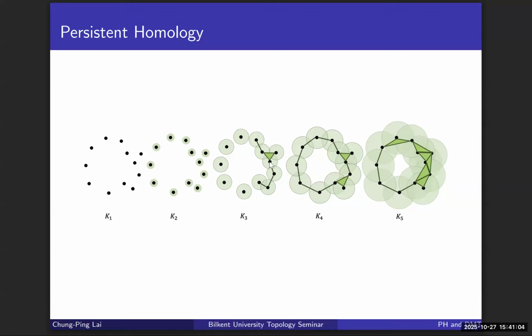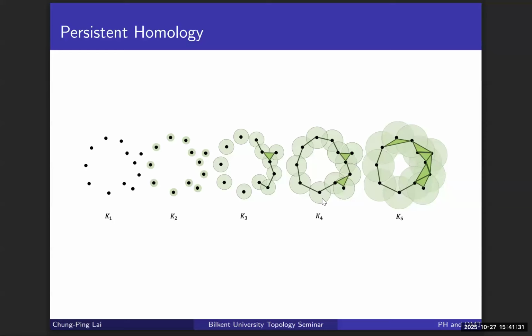And we start seeing the open balls intersecting. We can sort of see there are some connected components, which shows some vertices are closer to the others. But it's still a lot of disjoint components. K4 is probably the most interesting one because now we see the open balls joining together to form a ring.